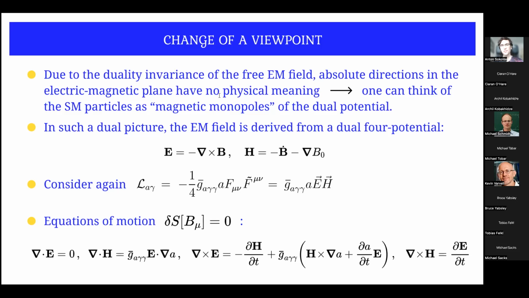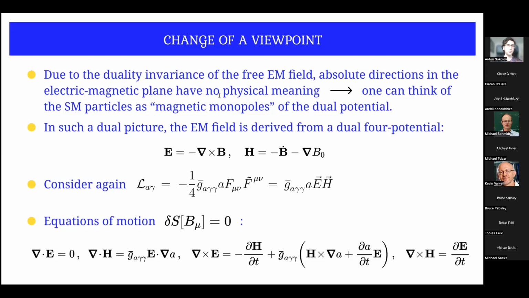This means that absolute directions in the electric-magnetic plane have no physical meaning. So you could also say that all the particles in the standard model carry magnetic charge. And actually, because of this invariance, one can also think of standard model particles as, so to say, magnetic monopoles of the dual potential.